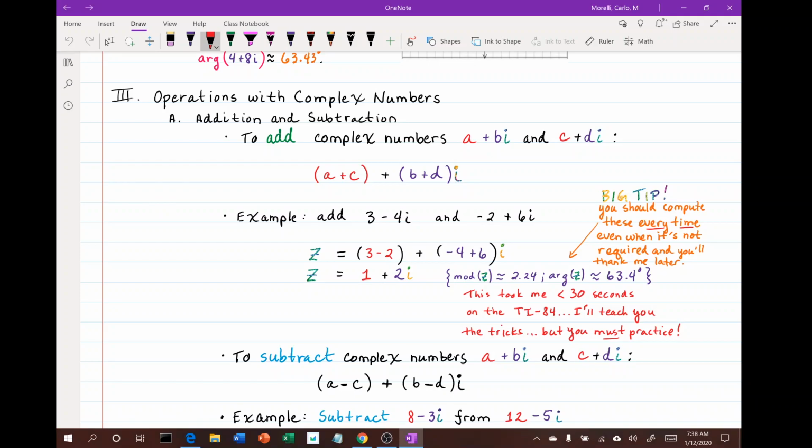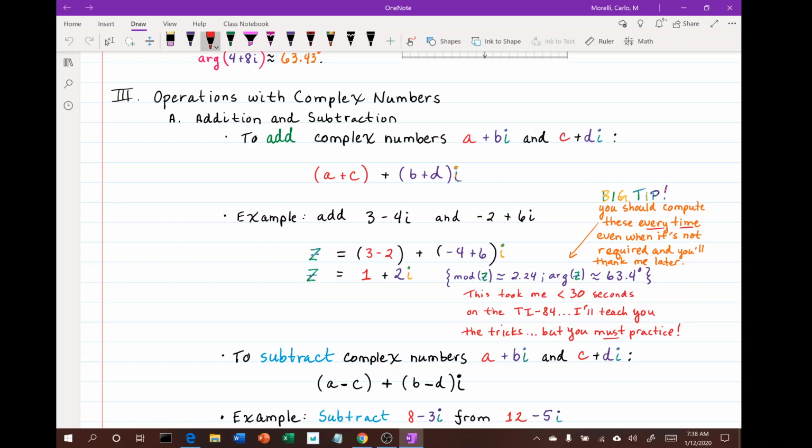So here I've written z equals, and then open parentheses 3 minus 2, because I'm going to add together the real elements of the complex numbers. That would be 3 plus negative 2, so that's 3 minus 2.